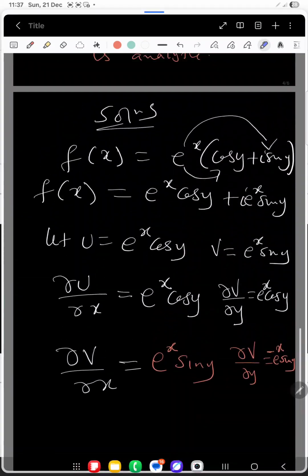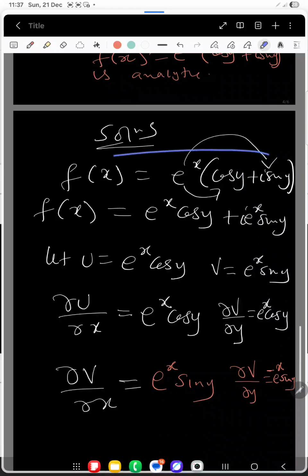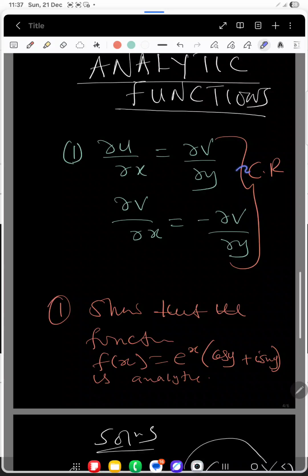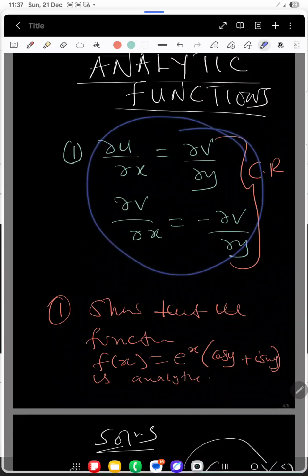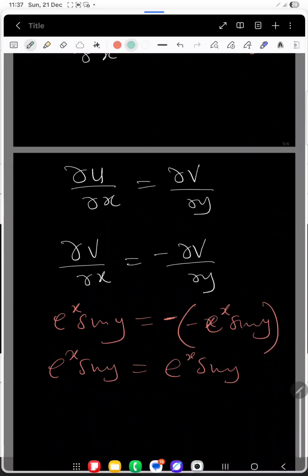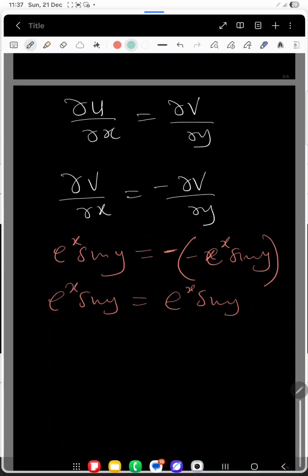That means that for sure this function given here is analytic because it is able to satisfy the two conditions for an analytic function. All right. So now that's how you prove that a function is analytic.